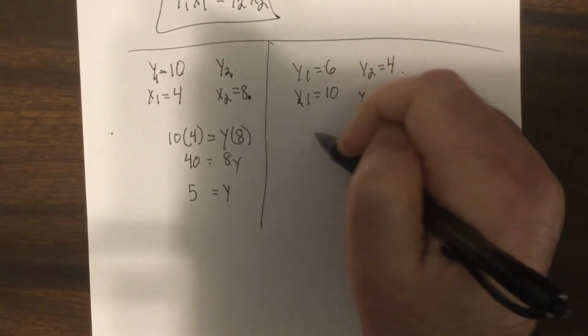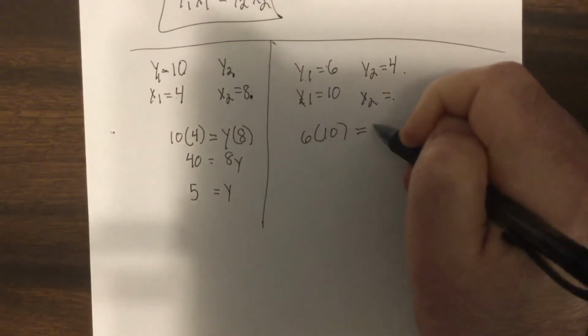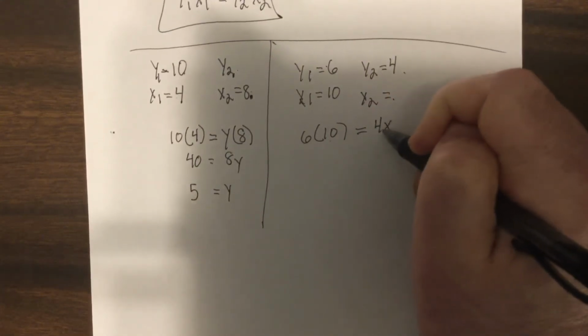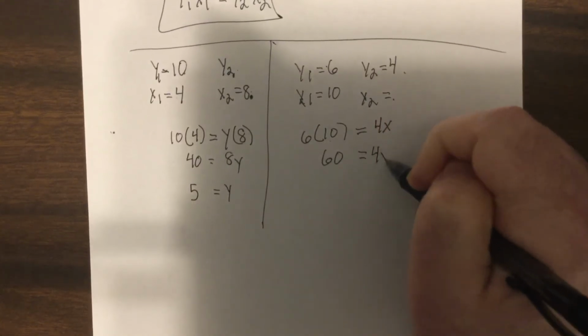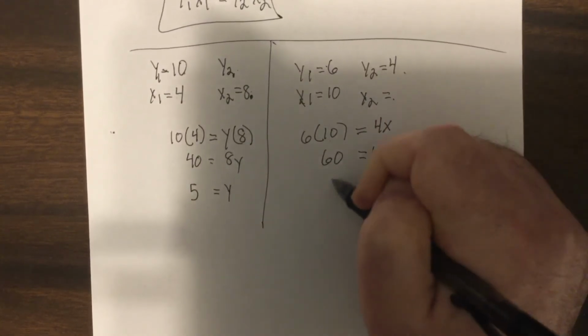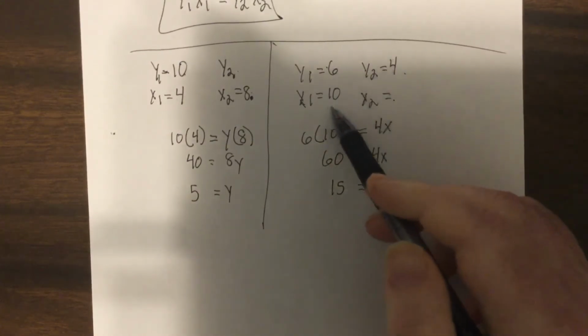So let's see. 6 times 10 equals 4 times x. 60 equals 4x, so x equals 15. So notice y got smaller, x got bigger.